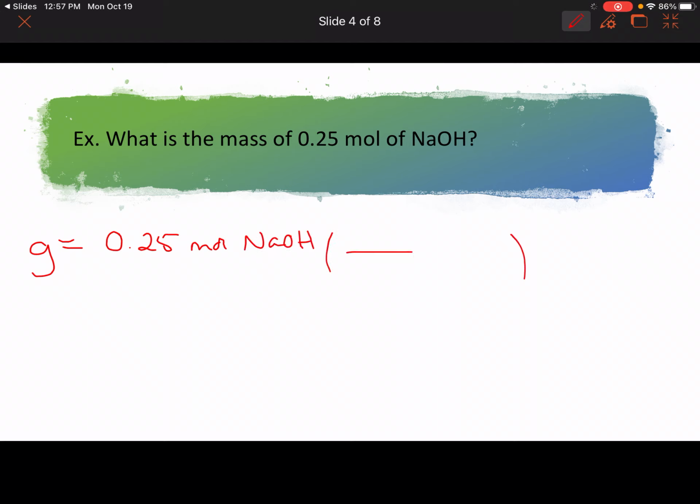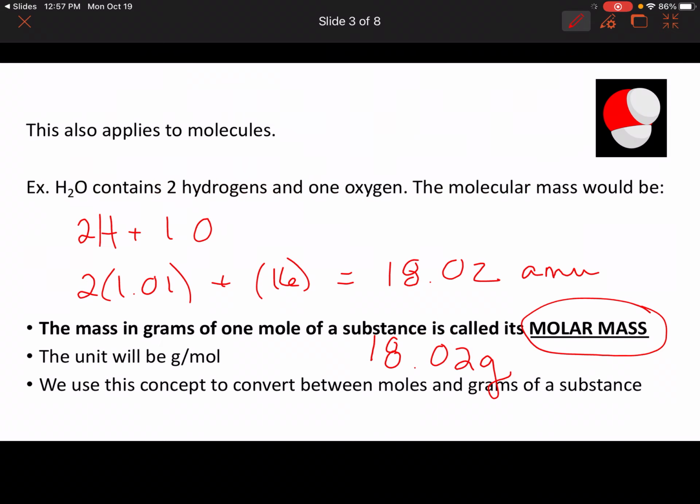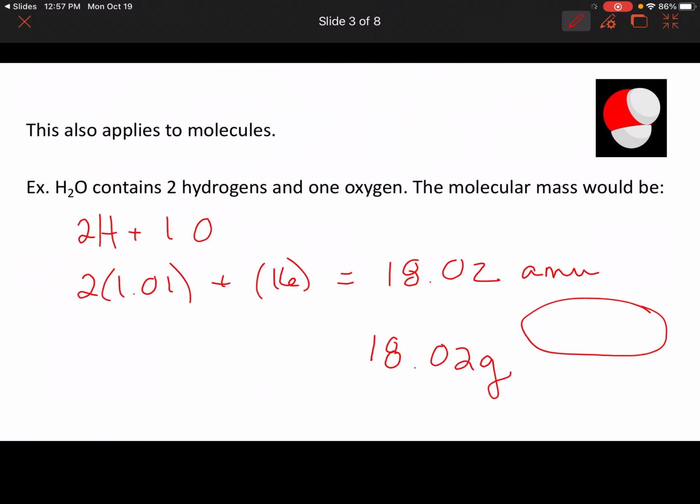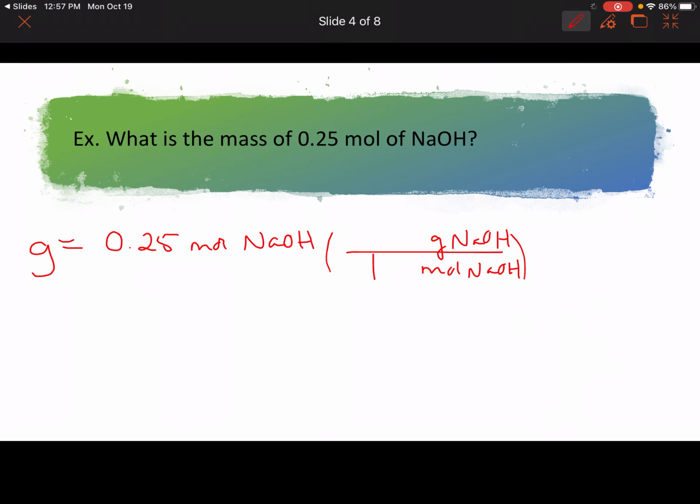So now I draw my bracket. The unit that goes on the bottom, diagonal units here, is going to be moles of NaOH. On top is grams of NaOH. I know from this relationship that this applies to molecules, so the atomic mass units, if I have a mole of them, will be equal to that value in grams.